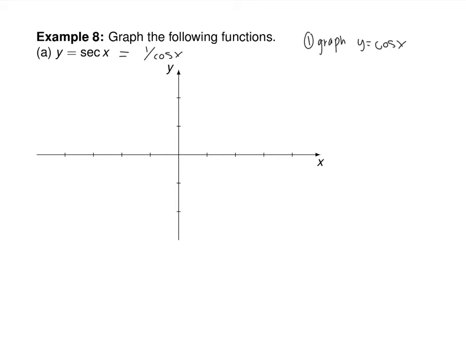So cosine begins at 1, crosses at pi halves, it's negative 1 at pi, crosses, negative 1, and so on. Okay. So there's the cosine function. I'll pause and drink coffee while you catch up.